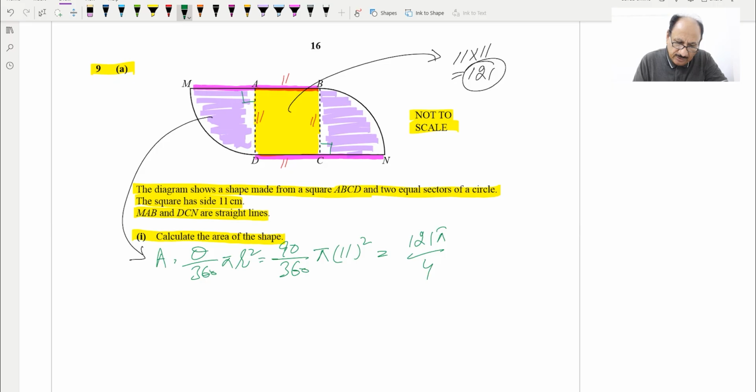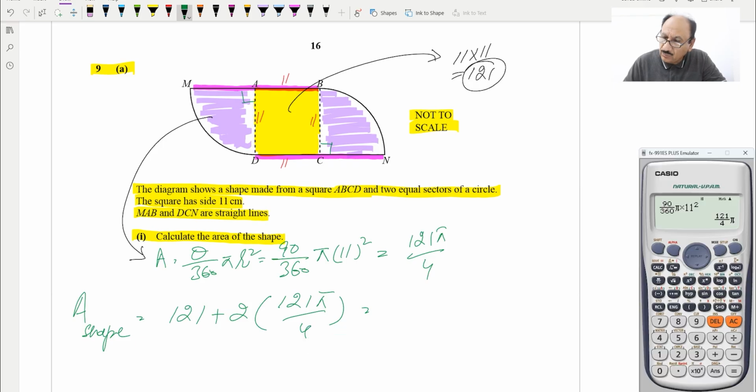So the total area of the shape will be equal to the area of the square, which is 121, plus 2 times the area of the sector, which is this one.